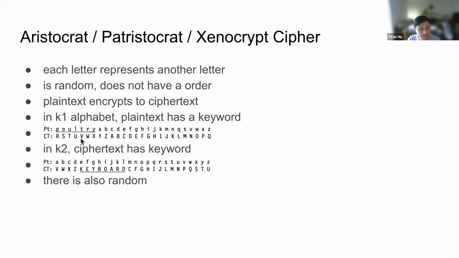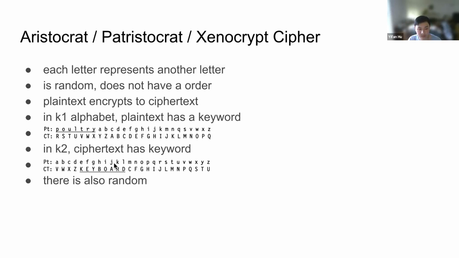So in a K1 alphabet, the plain text will have a keyword. So it'd just be a word and then the rest of your plain text, in which the shift will follow suit with A, B, C, D, F, G. And then in K2, the ciphertext will have a keyword.